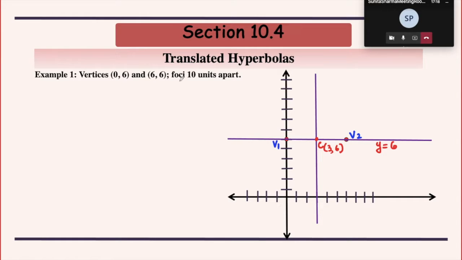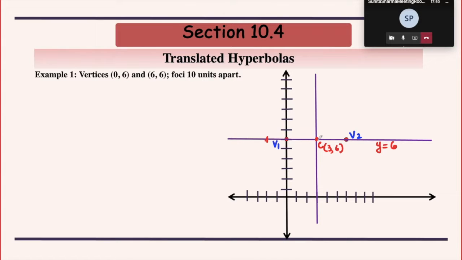Now foci, they are 10 units apart. So what are the positions of the two foci? If I take F1 on this side and F2 on the side of V2, what will be the coordinates of F1 and F2? What are the coordinates of the foci on the side of V1? -2, 6.